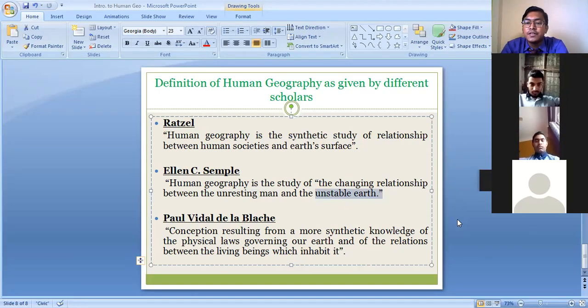Different physical features on the earth are still changing day by day, at a very slow rate, but changing. So this is why it is said the unstable earth.